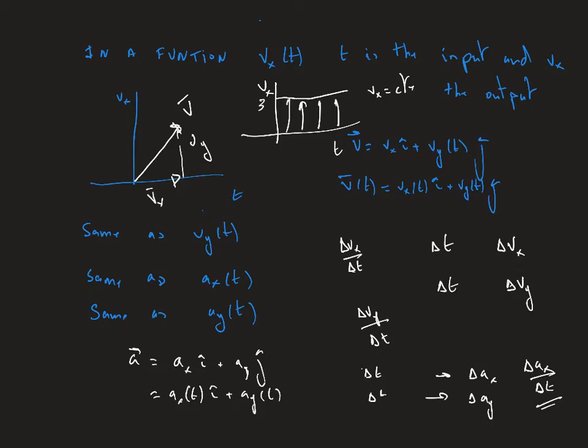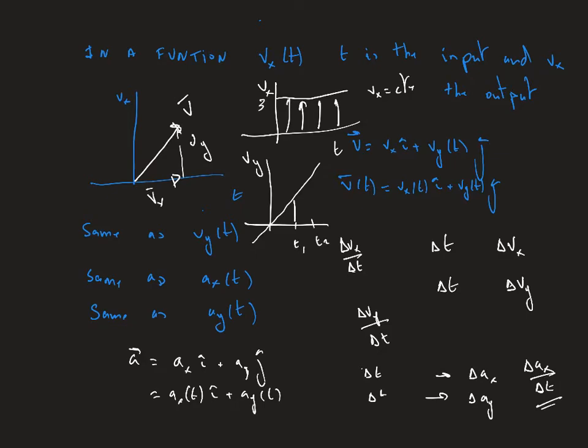So Vx is constant, but maybe Vy changes with time. Why would Vy change with time? Well, because there is a force in this direction y that is making the object change its velocity. If Vy is not a horizontal line, maybe it's this line. If it's a rectilinear line, I will choose two points, t1 and t2.